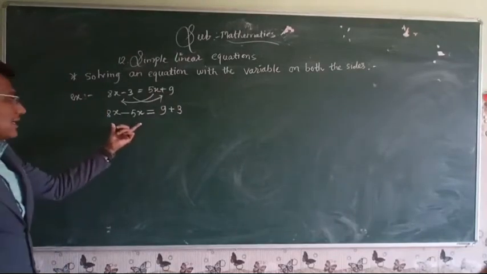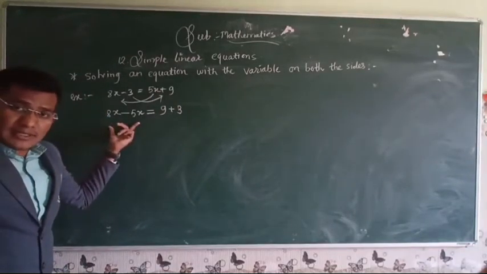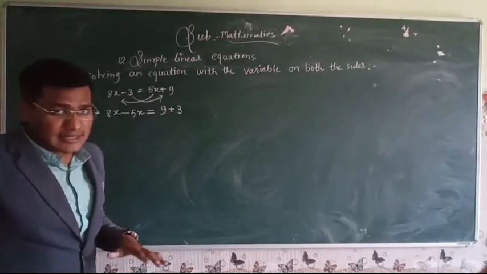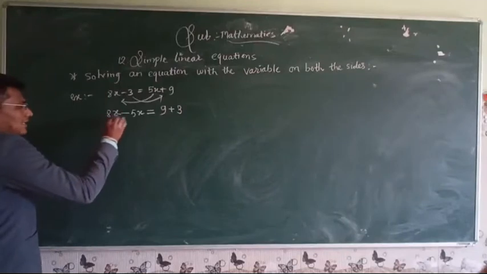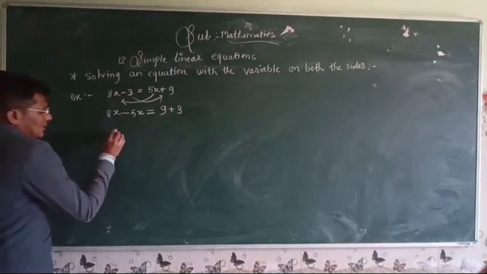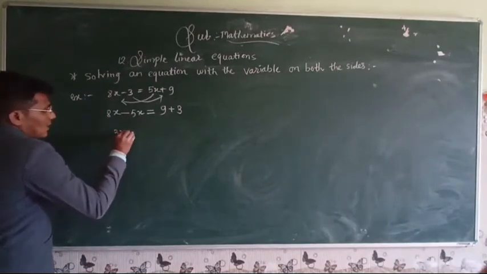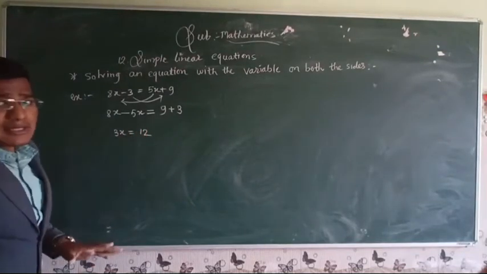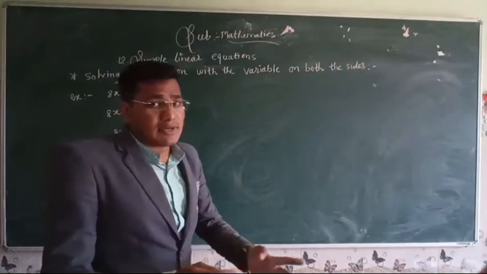Now you can see that the variable terms are on the left hand side while the constant terms are on the right hand side. Now solve it: 8x minus 5x is equal to 3x, and 9 plus 3 is equal to 12. Why are we collecting constants and variables on one side?